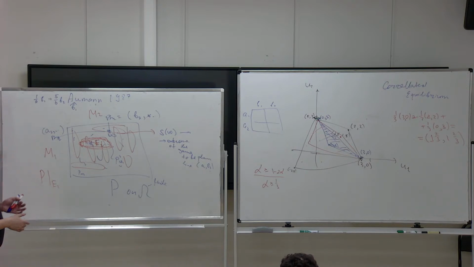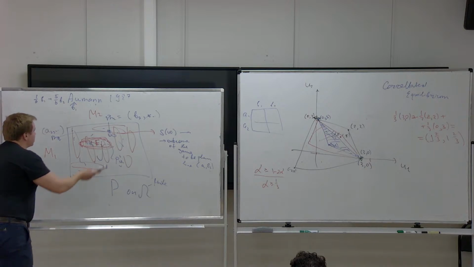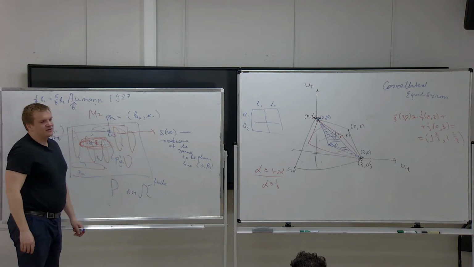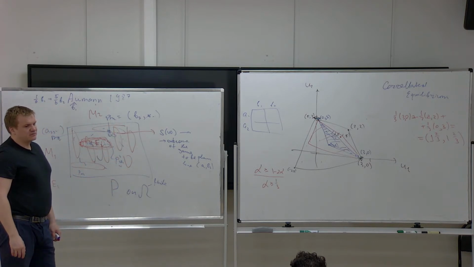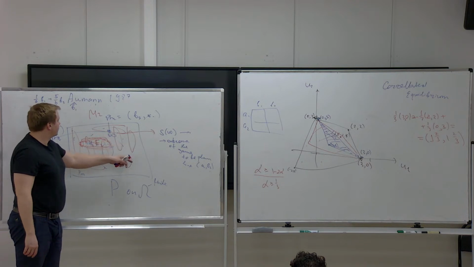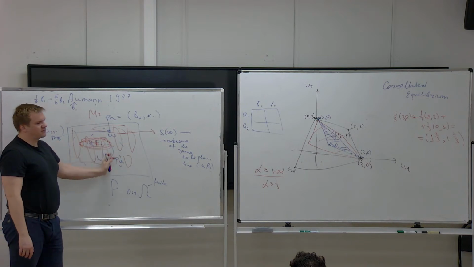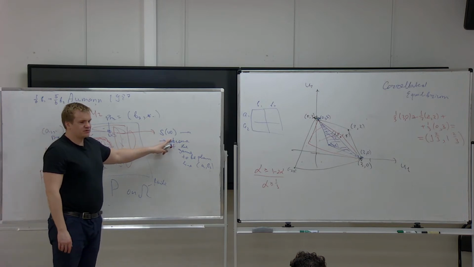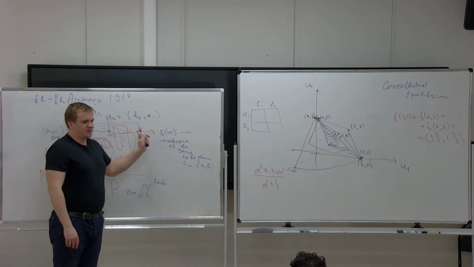Well, suppose we want to prove that it is true. Let's start with a general one. Say I have here some generalized correlated equilibrium. I have omega. It is partitioned for player 1. It is partitioned for player 2. And then there is this outcome function, which tells recommendations.